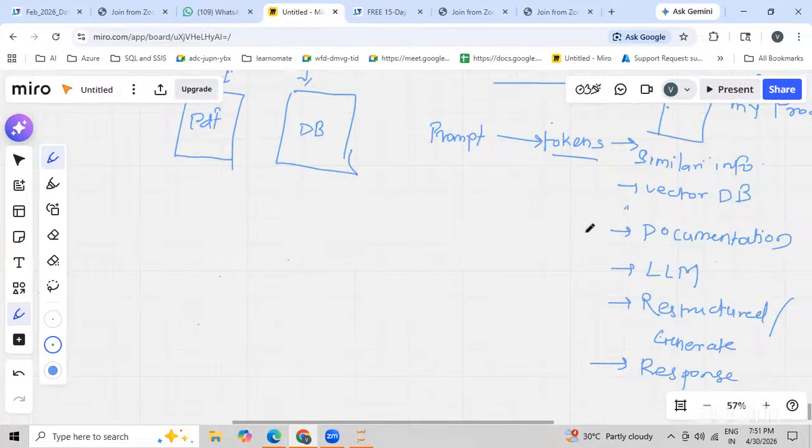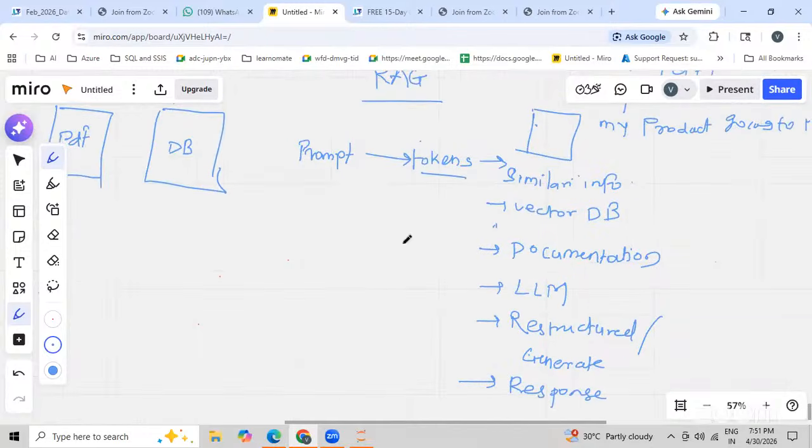It means that for answering a query about a particular organization, for which the information is not publicly accessible, we can provide that information to the LLM.